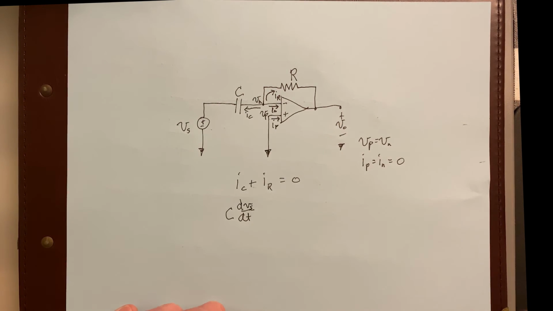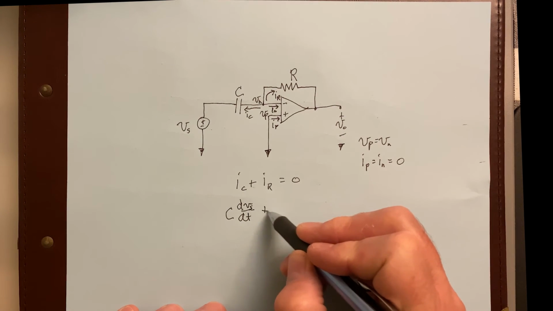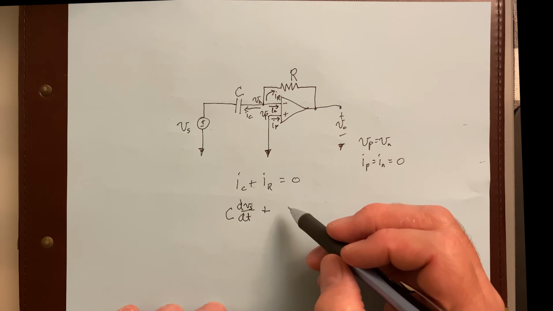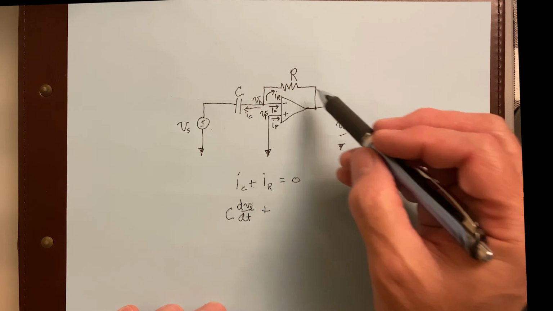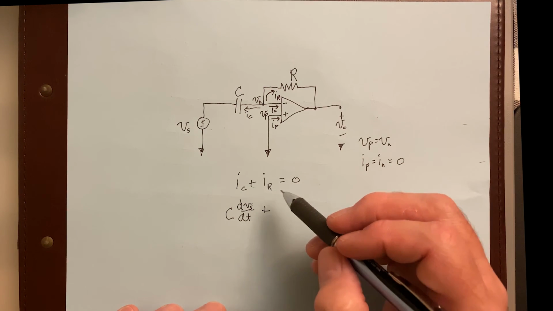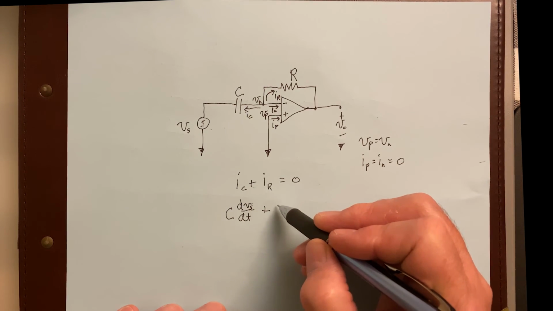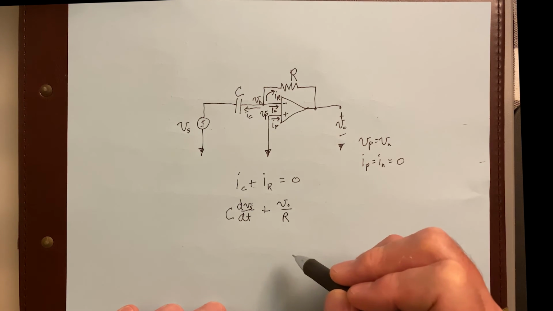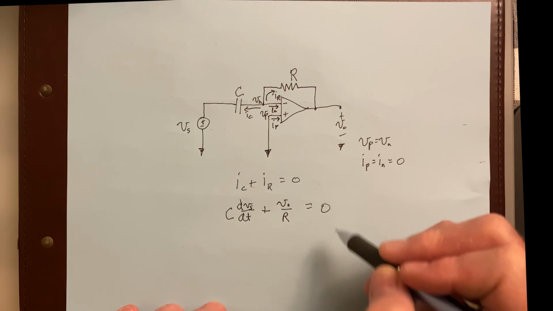Eventually, as it charges up, that'll be the voltage across it eventually. Okay. Plus, now I sub R. Well, I sub R, that's just going to be V sub N minus V naught divided by R. But V sub N is 0, so that's minus V naught over R, and that's equal to 0.